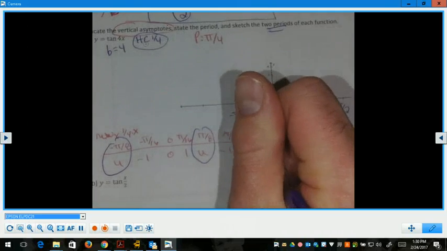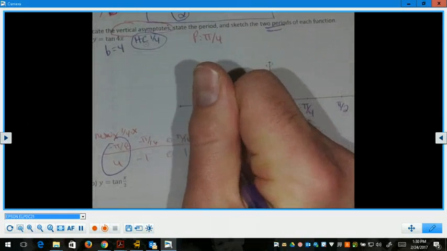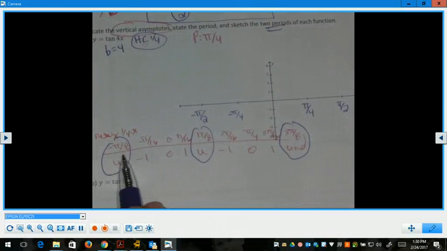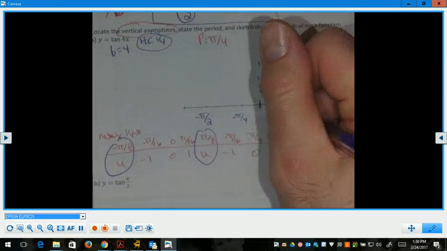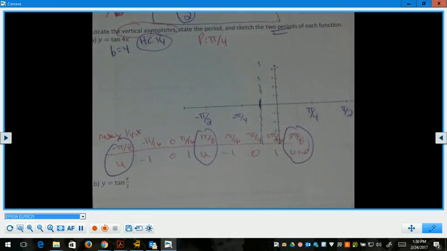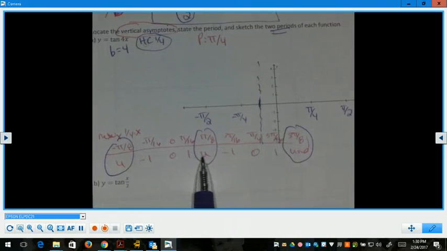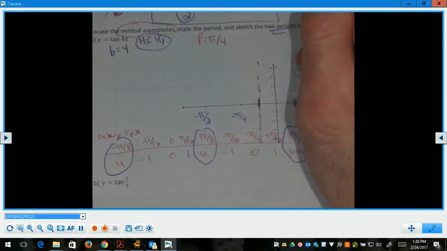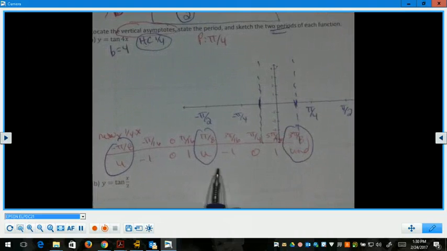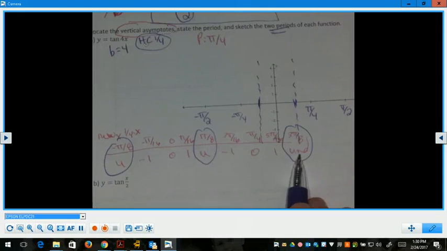This would be negative pi over 4 and negative pi over 2. Pi over 8 is half of this, so there's my negative pi over 8 for my first value. That's my vertical asymptote. And then the same thing, this pi over 8 would be halfway between pi over 4 and 0. 3 pi over 8 is going to be halfway between these two.